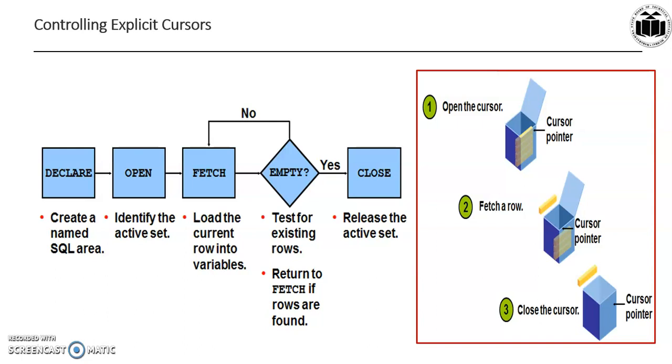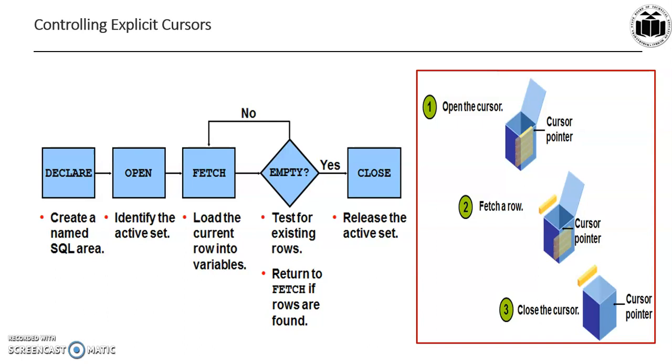The next step is to open the cursor, that is, identify the active set. After declaration, the open step allows the user to activate the active set and make it available for usage.